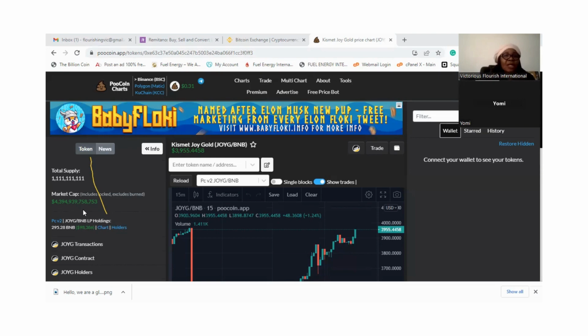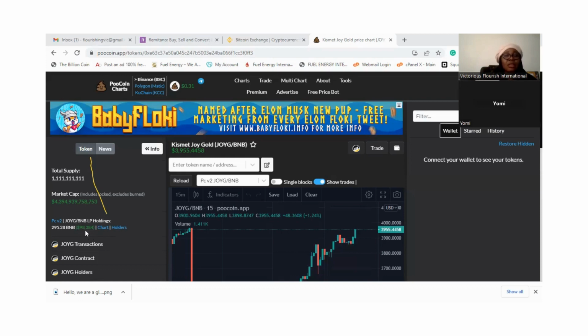Some time ago, I used to think that the market cap is the total money that we have in circulation. No, that is not the market cap. So the total liquidity we have for Joy G is 98,000 right now.